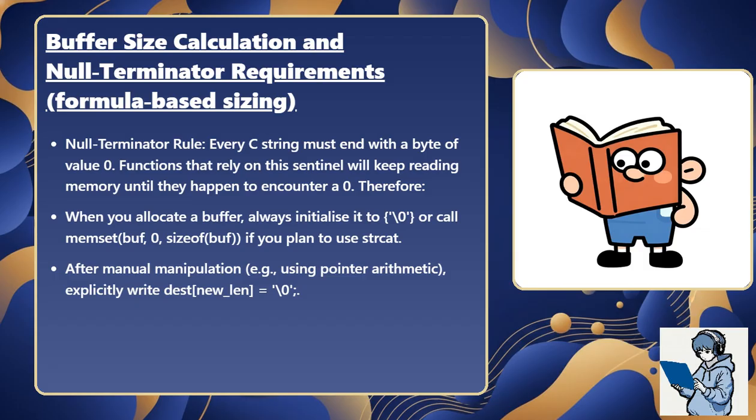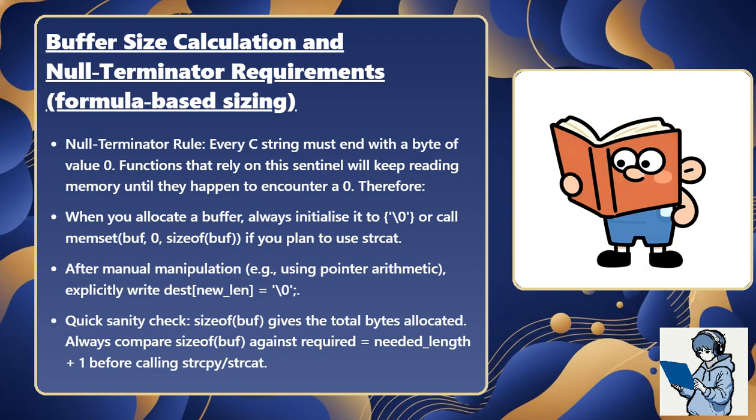After manual manipulation, for example using pointer arithmetic, explicitly write destination[new length] = \0;. Quick sanity check: sizeof(buffer) gives the total bytes allocated. Always compare sizeof(buffer) against required, which equals needed length plus 1, before calling strcpy or strcat.